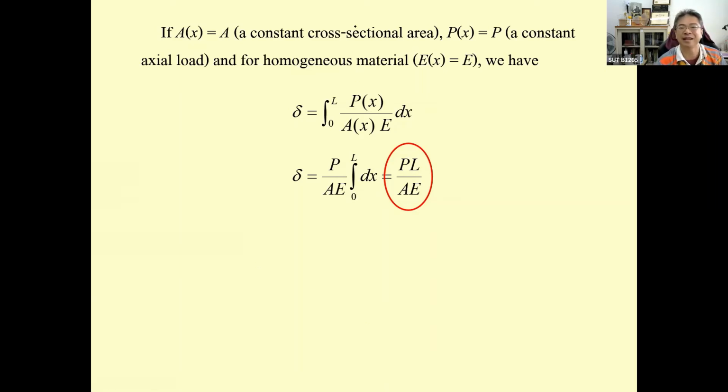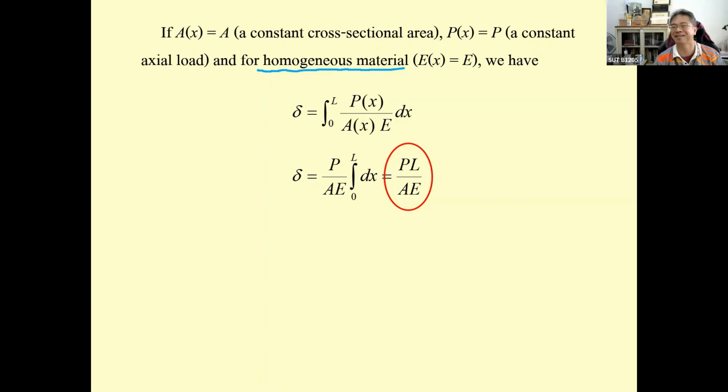And then there is some limitation. As previously said, the material must be isotropic and homogeneous, such as steel, aluminum, copper, brass, or even concrete.